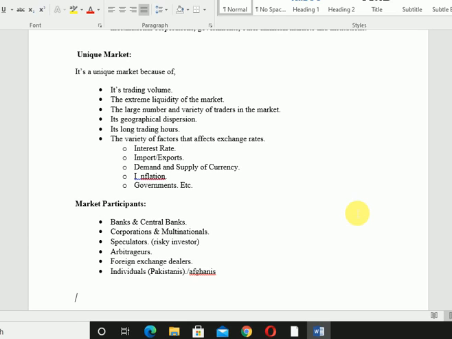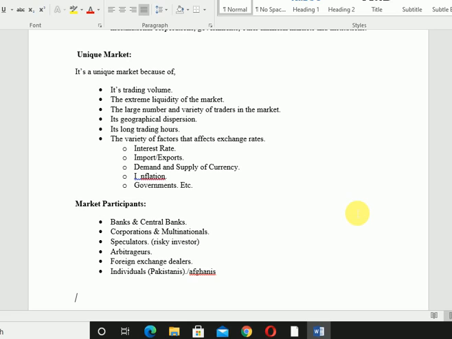Due to this property, extreme liquidity, this market is different. Other markets are not as liquid as the forex market. So this high liquidity property creates its uniqueness.